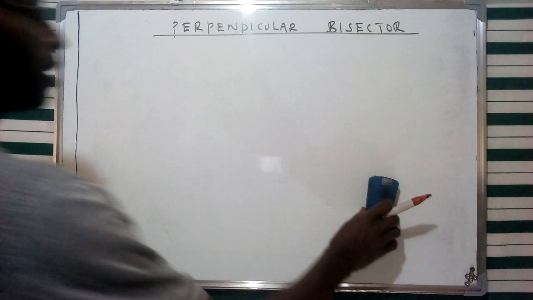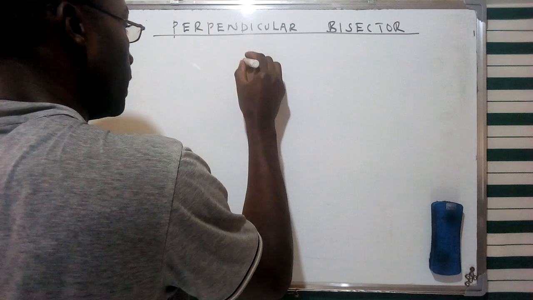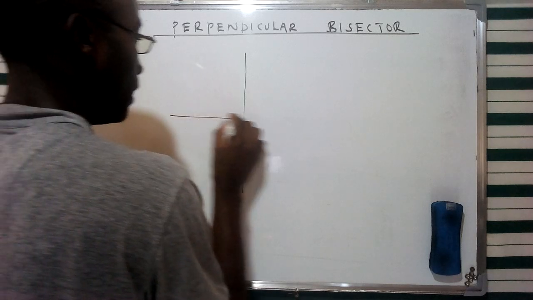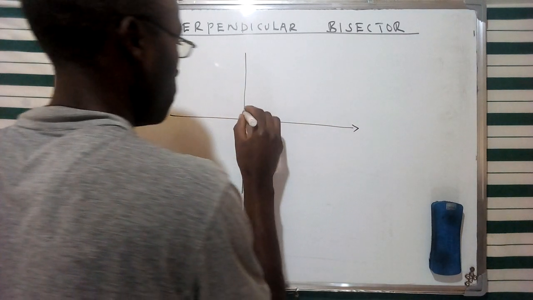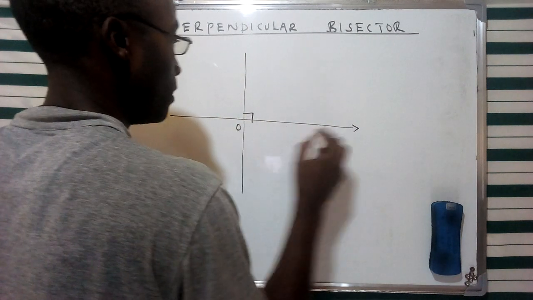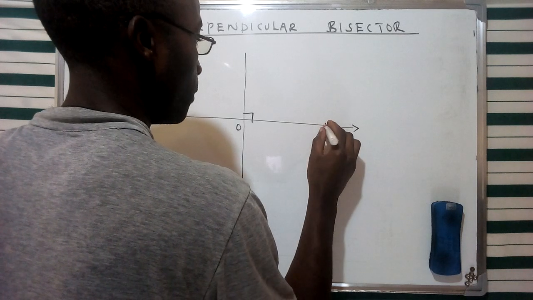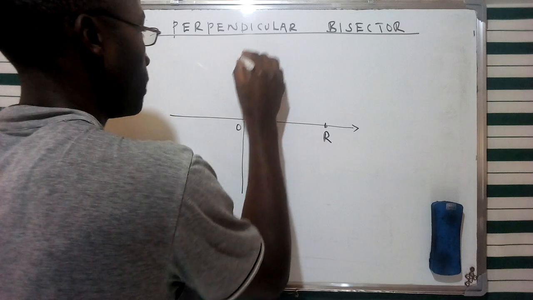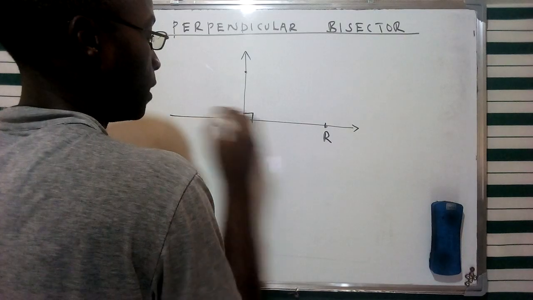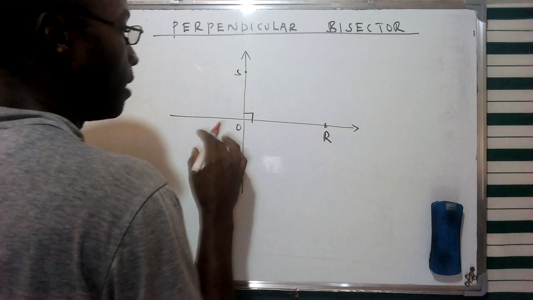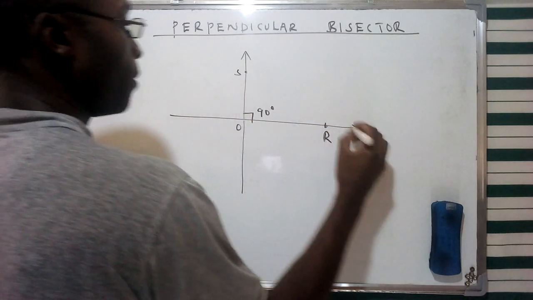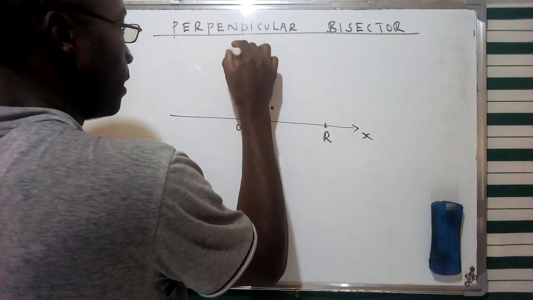Now, if I try to give the aspect of a perpendicular line, we would say that a perpendicular angle is an angle that is constituted by two rays, which of course form a vertex that is 90 degrees. So suppose I have two specific rays, OR and OS, forming an angle of 90 degrees. And therefore, this is along the X and Y axis.